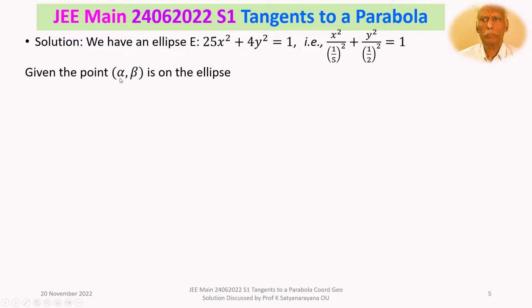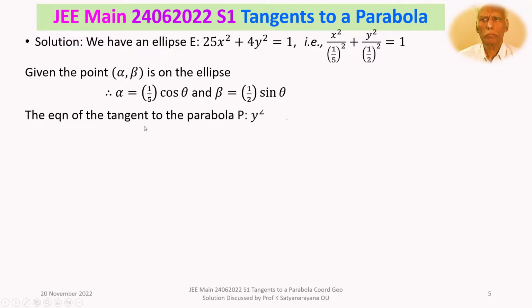Given the point (alpha, beta) is on this ellipse, alpha will be equal to 1 by 5 cos theta and beta is equal to 1 by 2 sin theta, taking the parametric representation of this ellipse. So for the point on it, we have the parametric representation like this.